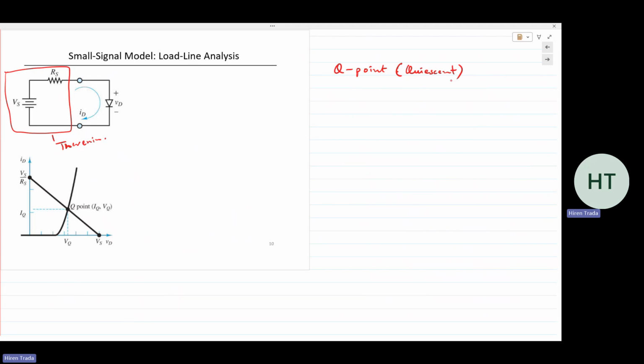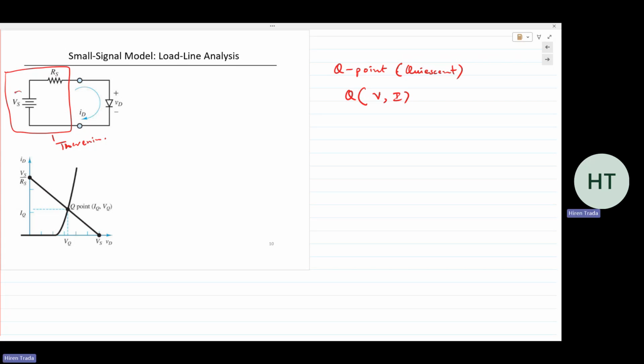That point is known as the Q point. So every Q point is described with voltage and current. Some authors like to use current and voltage, just change the order of things. Y-axis and x-axis. VI or IV, doesn't really matter. But the Q point is basically fixed.